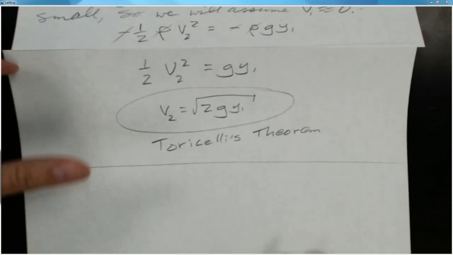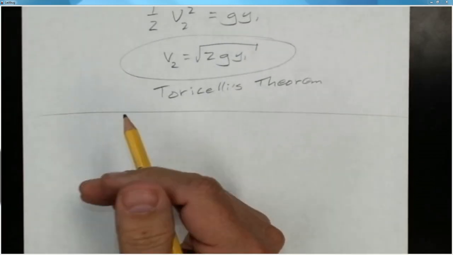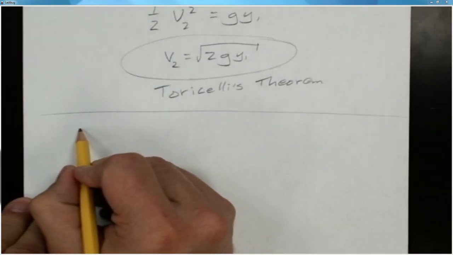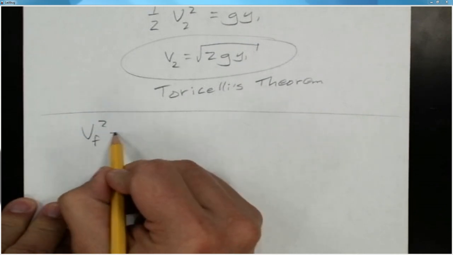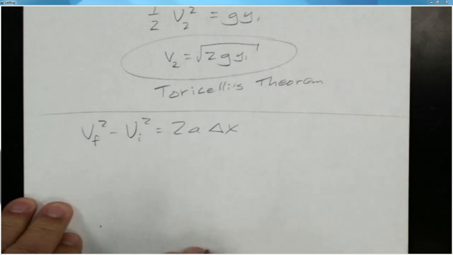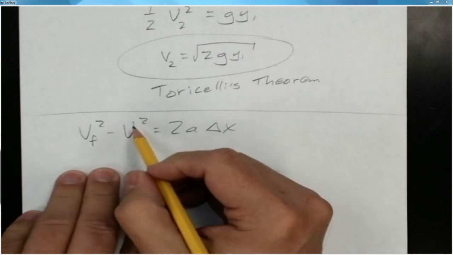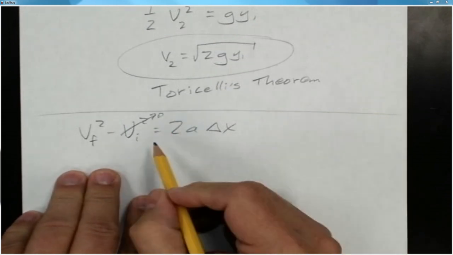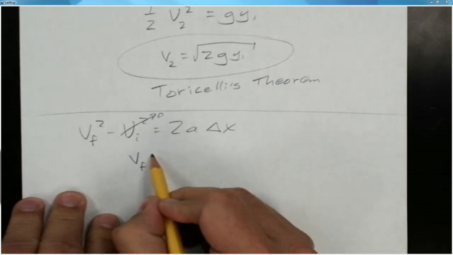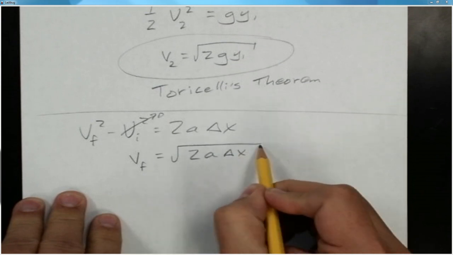I want to remind you back to last year in AP Physics 1 when we dealt with kinematic equations, and you dropped a softball or a basketball or something, and you had this equation. Remember that equation? If I freely drop a softball and its initial velocity was 0, then its final velocity is going to be Vf equal to the square root of 2a delta x.